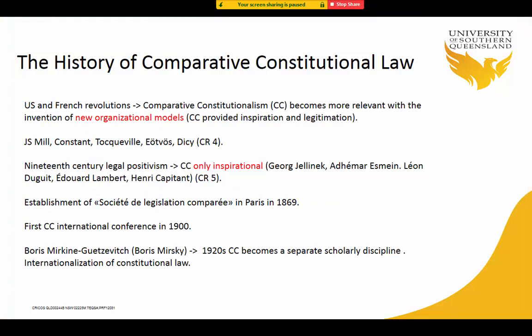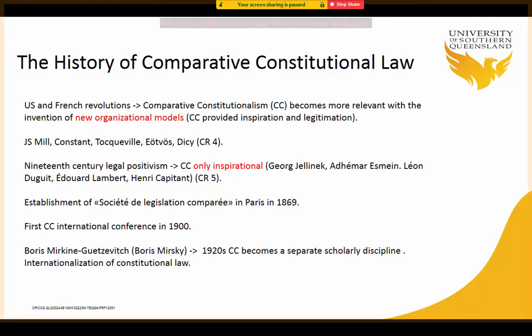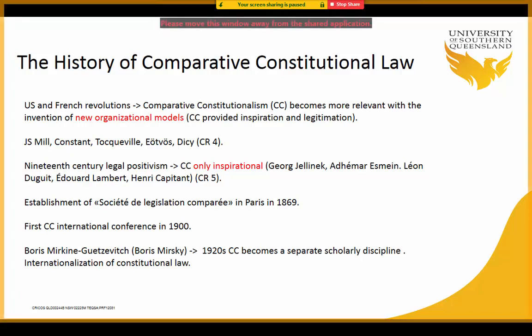Then we come to the US and French revolutions. So this is where comparative constitutionalism became more relevant, okay? Because now you have new organizational models and you wanted to be able to refine or redesign your constitutions.